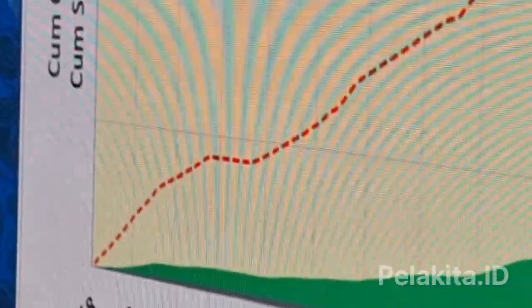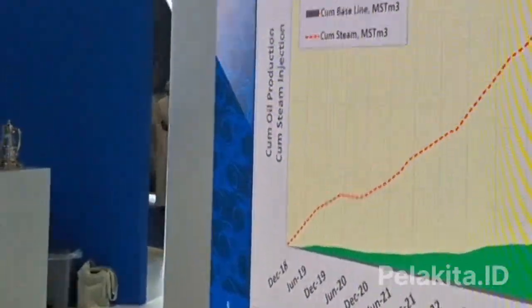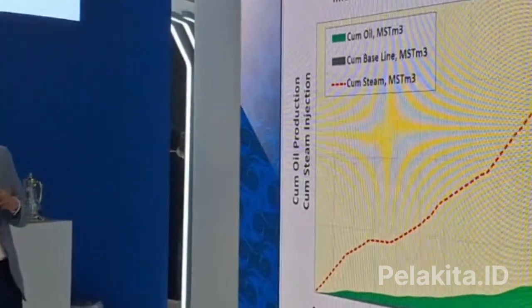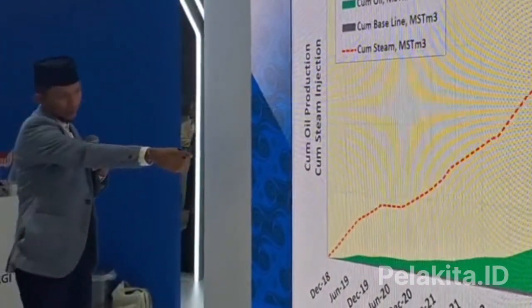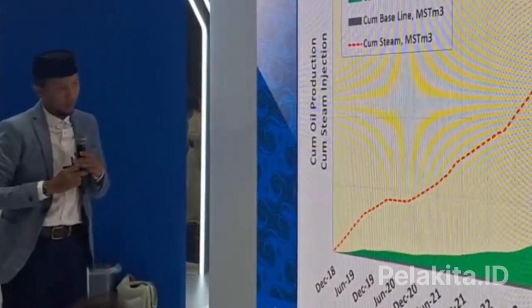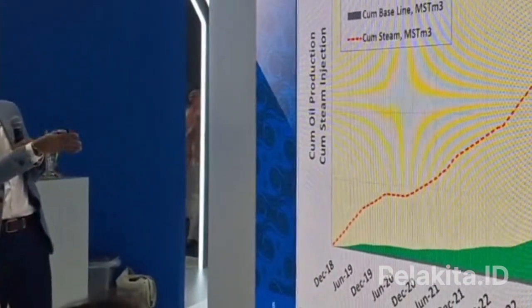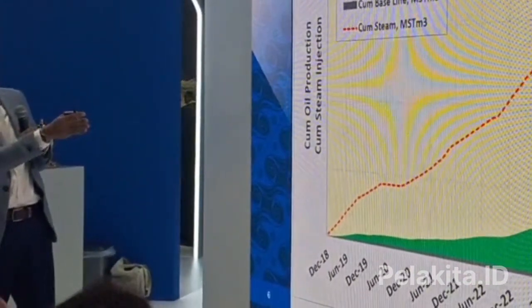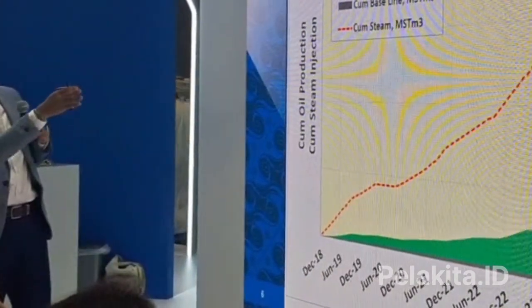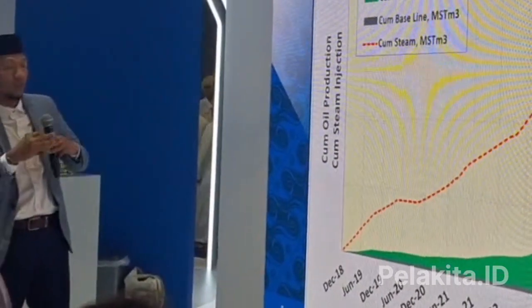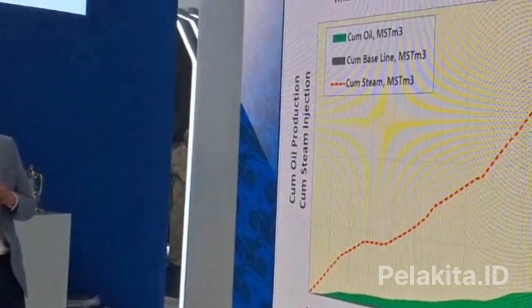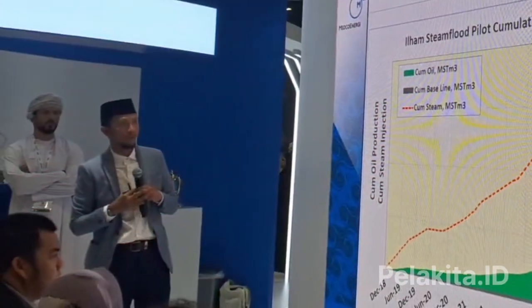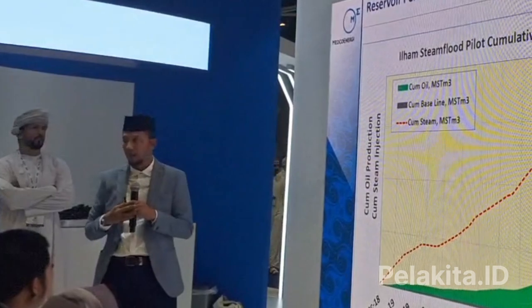So we would get only a small thickness of oil recovery. But by applying thermal recovery, we can recover up to the green one, about 4 times more. Compared to the total cumulative steam we injected in the field, our current cumulative steam oil ratio is around 4.5, which for thermal recovery is quite good.